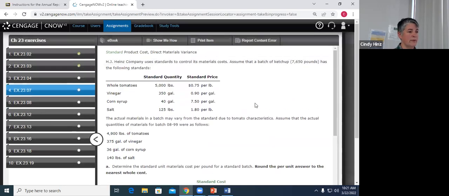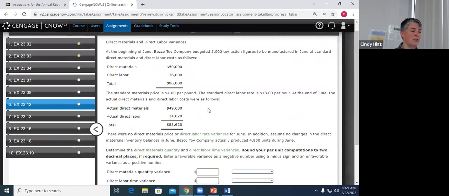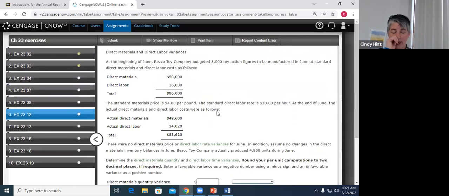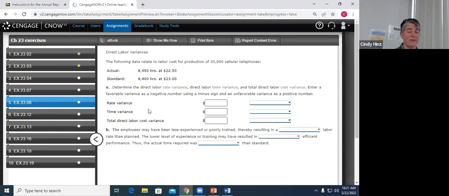Exercise 5 is direct labor variances, and exercise 6 brings them both together. So we're going to do exercise 3 next, and hopefully we have time then to do exercise 5 on direct labor variances before we run out of time today.